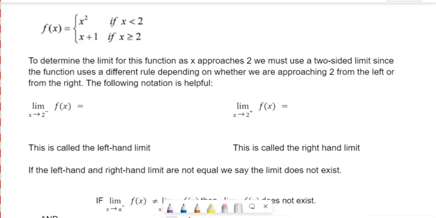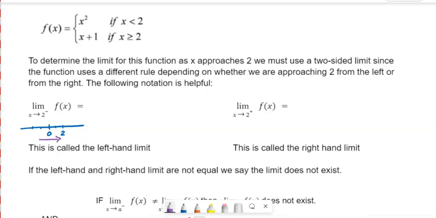And so this is how we're going to write it down. We're going to say the limit as x approaches 2 from the left. So I'm just going to draw a little number line just to remind you. So there's 2, and we want to approach 2 from the left.